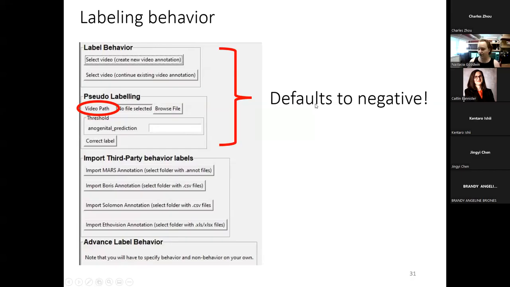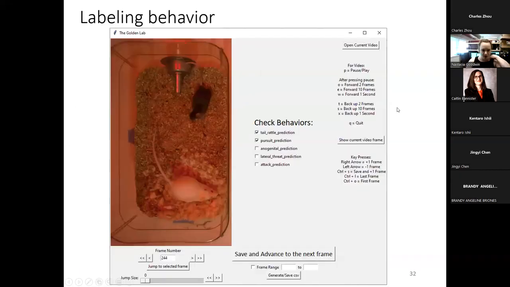And when you're labeling behavior in SimBA, if you don't label a frame, it defaults to negative. That's what we're trying to fix in the advanced behavior labeling, but we're still working on that. Here's a quick overview of how to label behavior in SimBA. You can jump through frames individually this way. Again, make sure you're following the directions for when to hit save and advance to the next frame, otherwise it won't save. You can open the video and play it here. This is pretty useful.